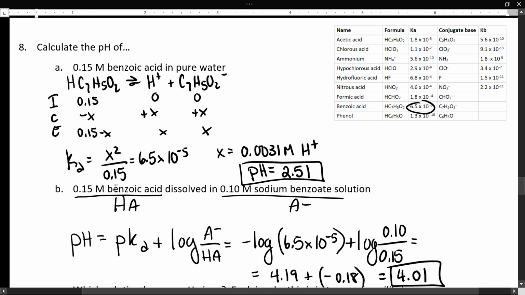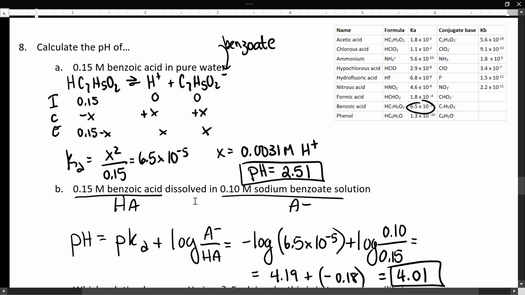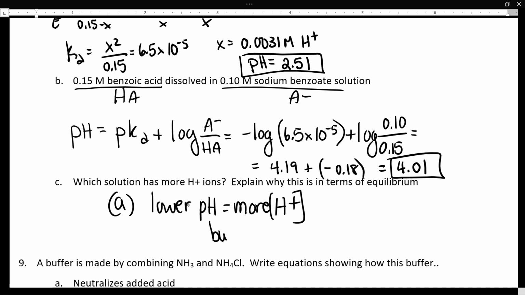Down here, we're thinking, what if benzoic acid is actually combined with sodium benzoate? So this right here, this is the benzoate ion. So situation B, your buffer, is a common ion situation.